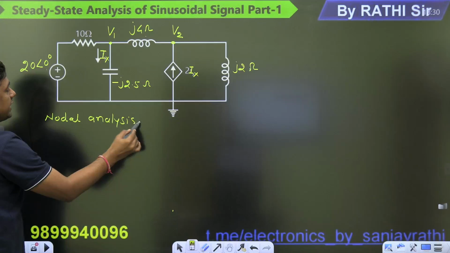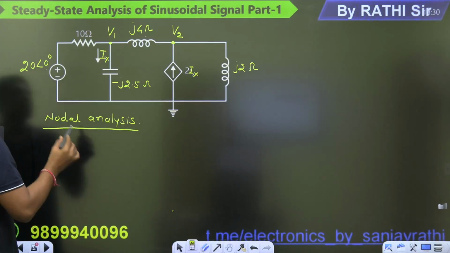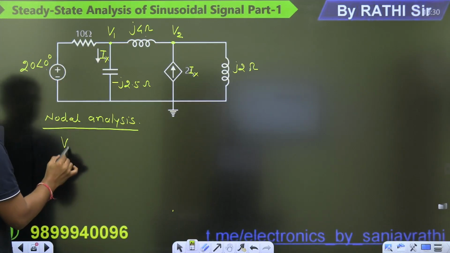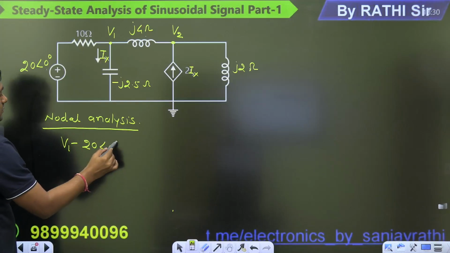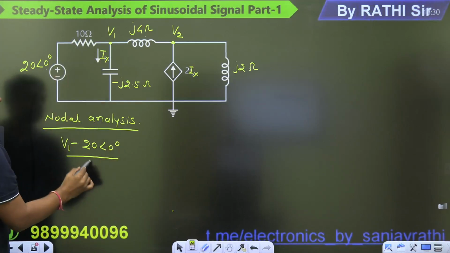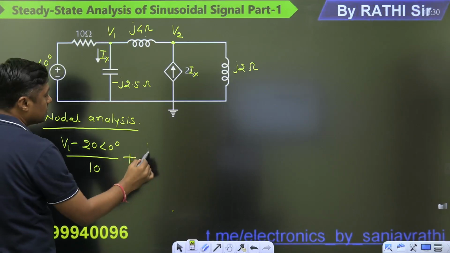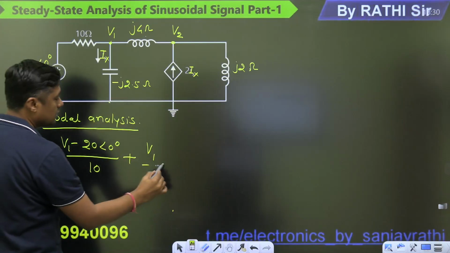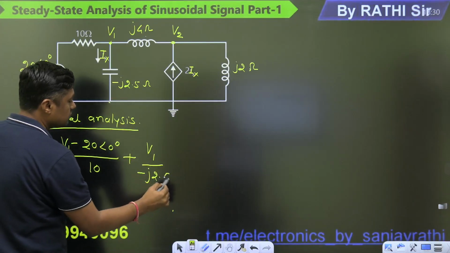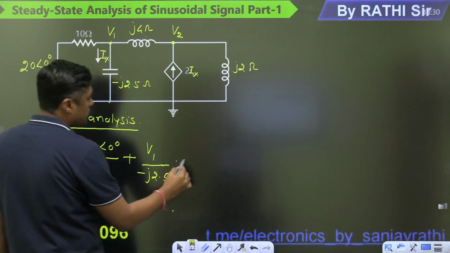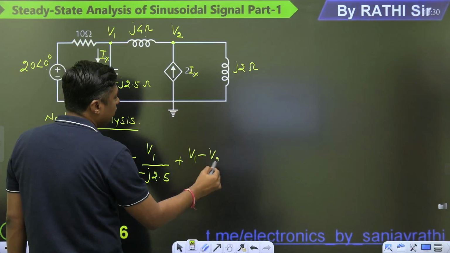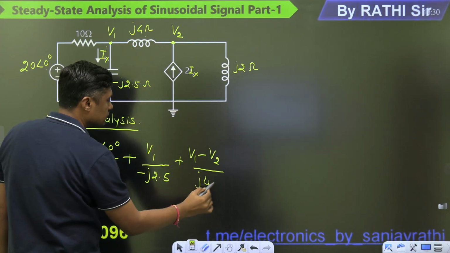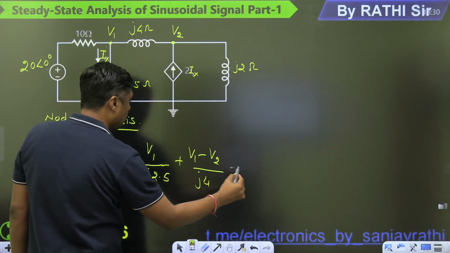I have given you the idea about nodal analysis in the previous lecture. So (V1 minus 20 angle of 0) upon 10, plus (V1 minus 0, this is the reference) upon minus J 2.5, plus (V1 minus V2) upon J4, is equal to 0.